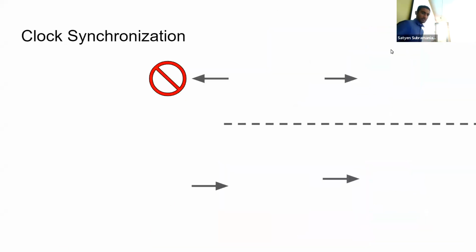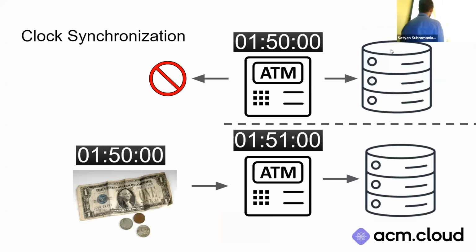Okay, cool. So yeah, and then another aspect that's very important to coordination is what's known as clock synchronization. So kind of getting a little bit more granular with that ATM example. Let's just say that we look at our watch and it says 150, and we deposit our money into an ATM.